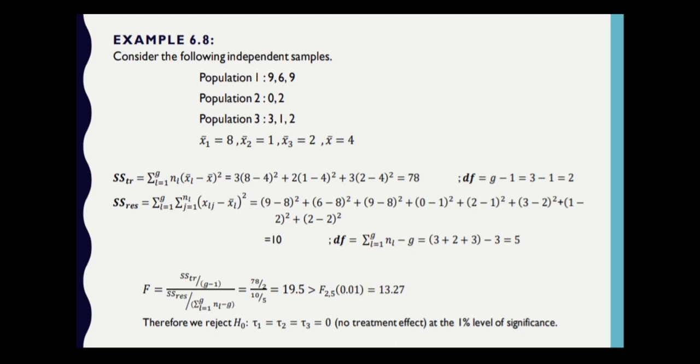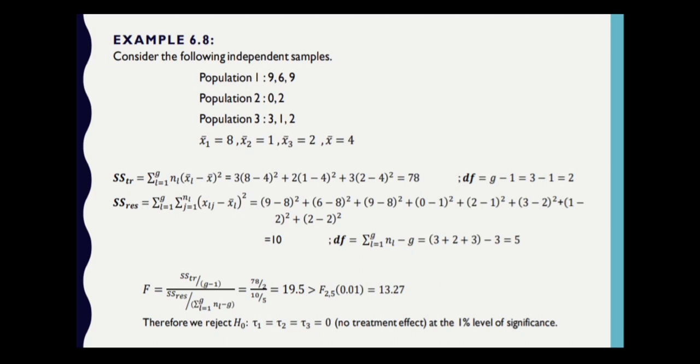So it will be 3, 3 here is the sample size for first population. Okay, 8 adalah here mean for first population minus dengan overall mean. Okay, you need to do for each of the population, you will get 78 here.